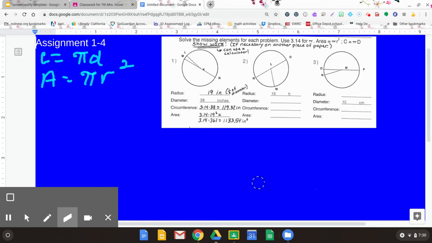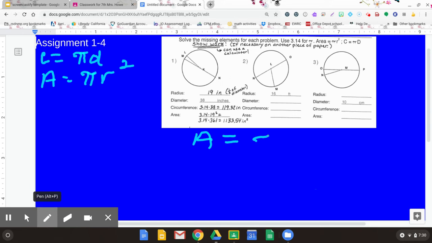Okay, now let's find the area of circle 2. So remember, area is pi times the radius squared. Area equals pi is 3.14, and the radius of circle 2 they gave to us, that is 16 squared. That means 16 times 16. Again, remember it's not 16 times 2.